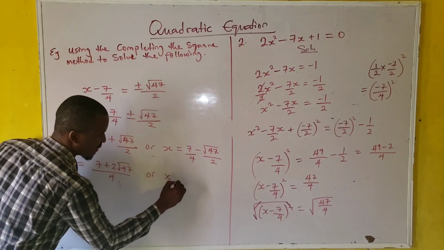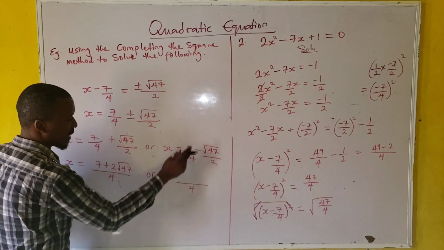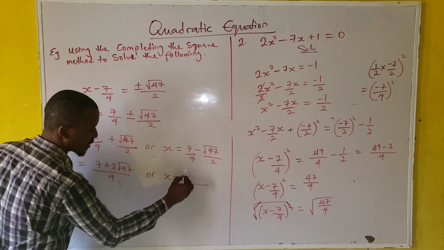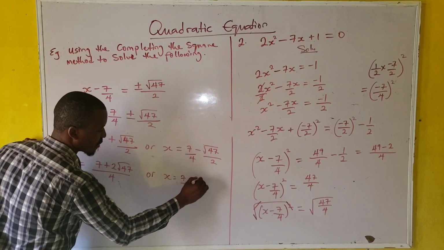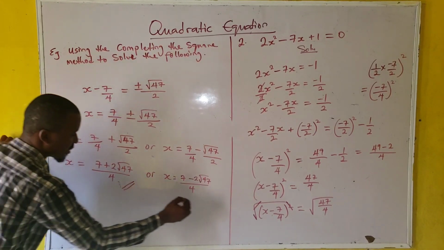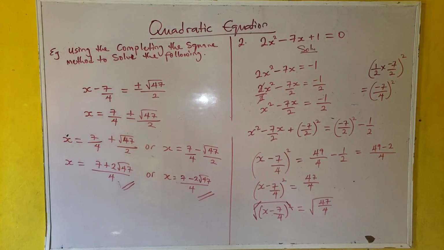Or, take LCM, 4 divided by 4 is 1, 1 times 7, that will give us 7 minus 2 square root of 47. So you use your calculator and get your last answer, or you can as well leave it in this form, depending what the teacher wants you to do. Okay, so that's our second question.